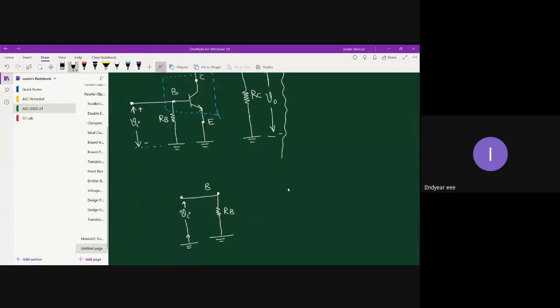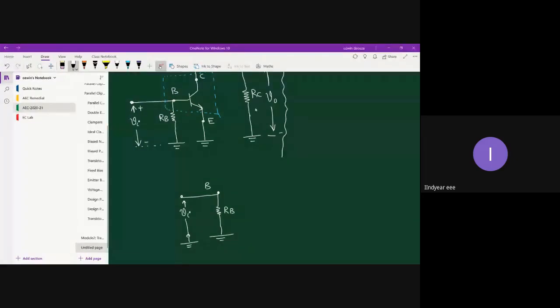On the output side, I have my collector terminal somewhere over here, and to the collector terminal we have connected RC. Okay, this is RC. Fine.